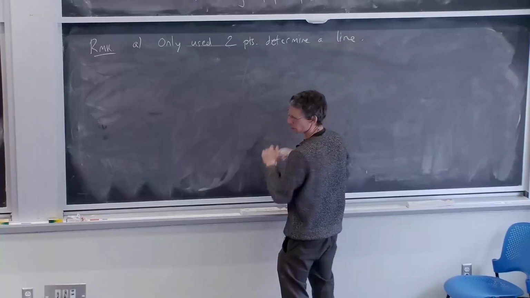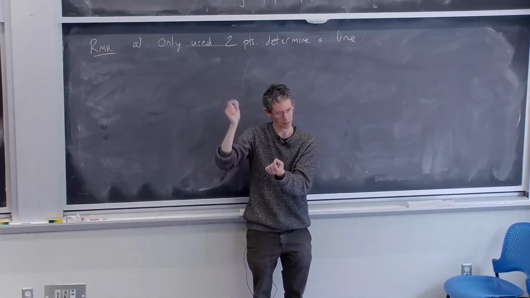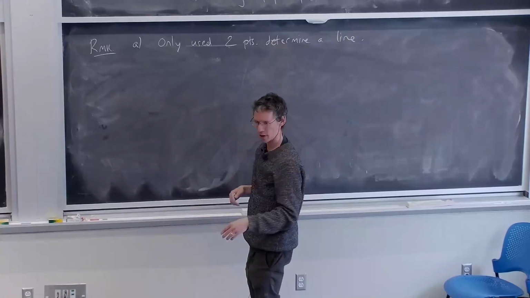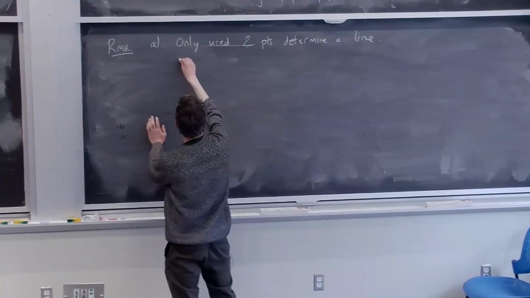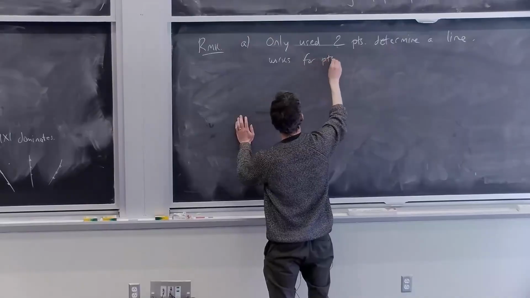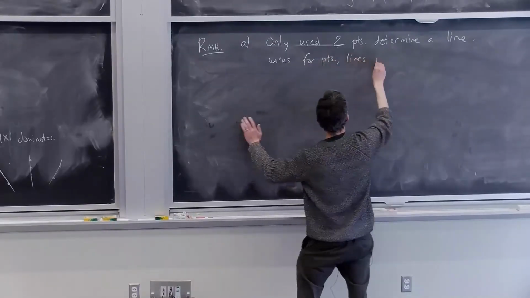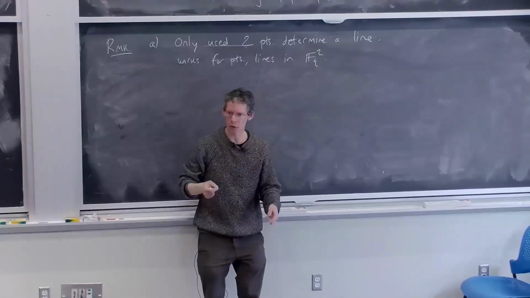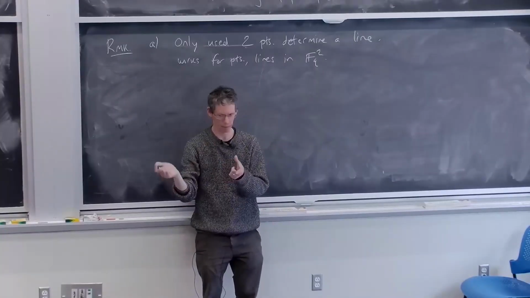The only fact we used is that through 2 points, there's only one line. So that means that it works in some more general cases. For instance, it works for points and lines over finite fields, because over finite fields, it's still true that through any 2 points, there's only one line.